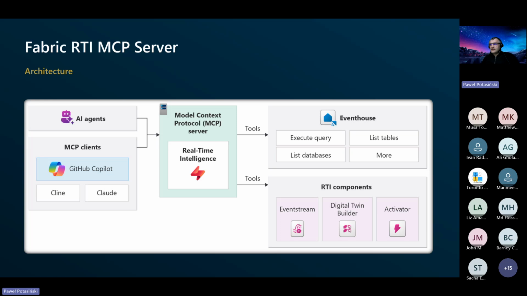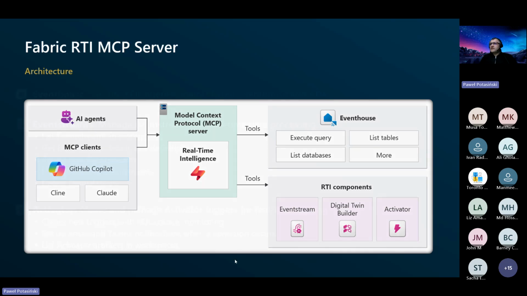If you're about analyzing data in real time or playing with data activator, this MCP server is for you. It basically connects the MCP hosts and clients, like for example GitHub Copilot, which we've been using in Visual Studio Code, or AI agents, with everything that is related to real-time intelligence.